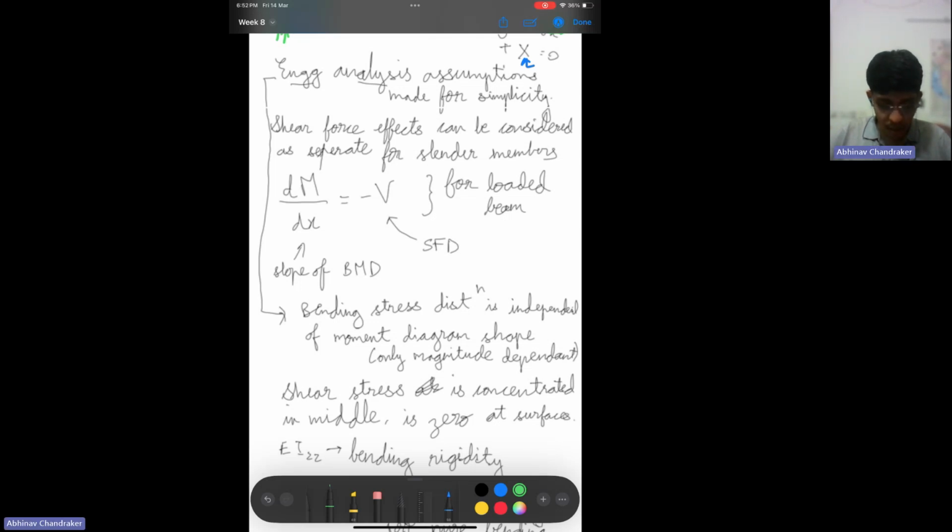So the slope of the bending moment diagram will be the negative of the value of shear force at any point. This allows us to relate the shear force diagram and bending moment diagram for any kind of loading, and that makes it easier to make these diagrams.